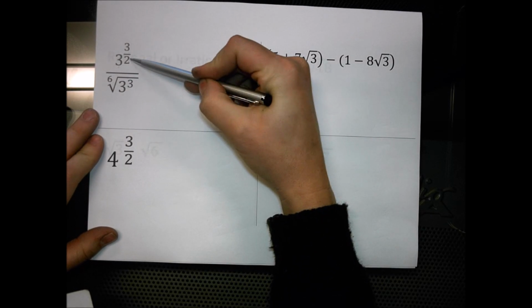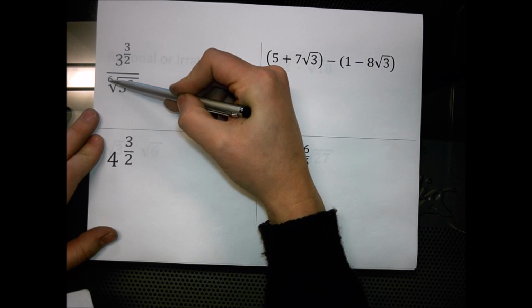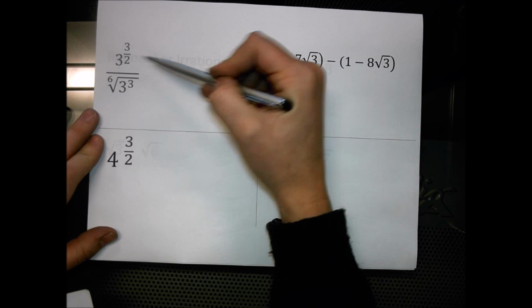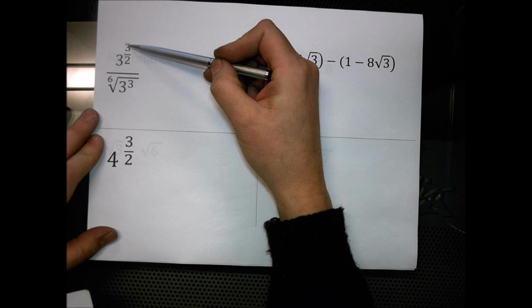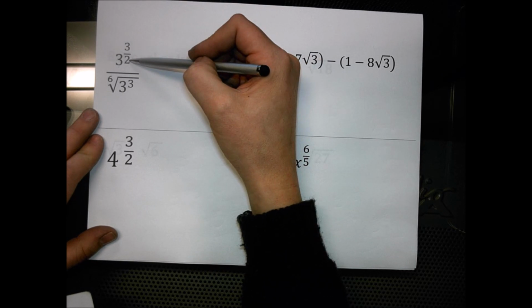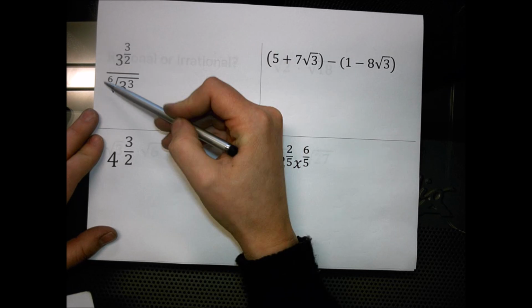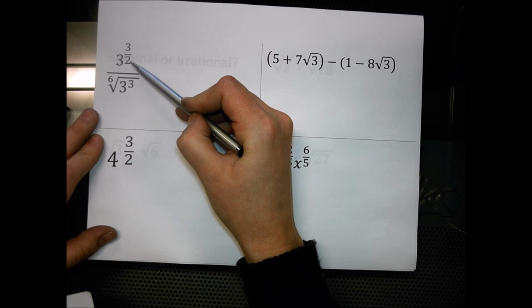So if you see a rational exponent and a radical, then most likely you're going to have to change it to exponential form, because a lot of the times you'll have two separate indices, meaning this index is going to be different than that index.